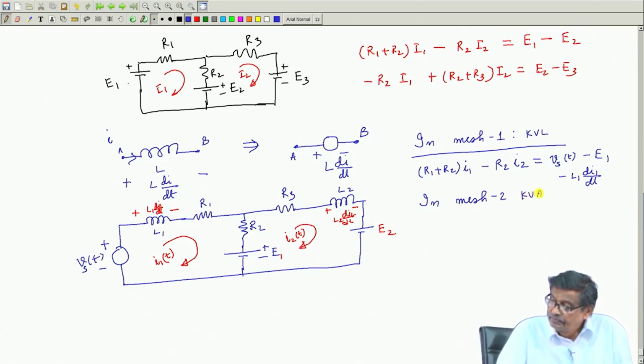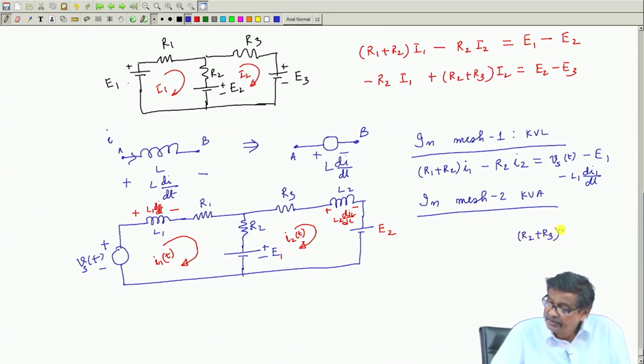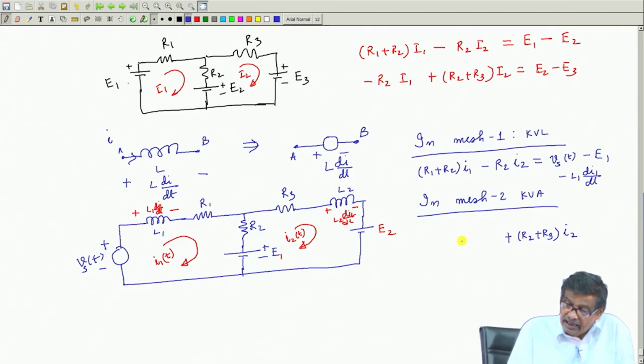And in mesh 2, the KVL will have the coefficient of i2 equal to the sum of all the resistances, R2 plus R3, into i2, and the coefficient of i1 is minus R2 into i1.